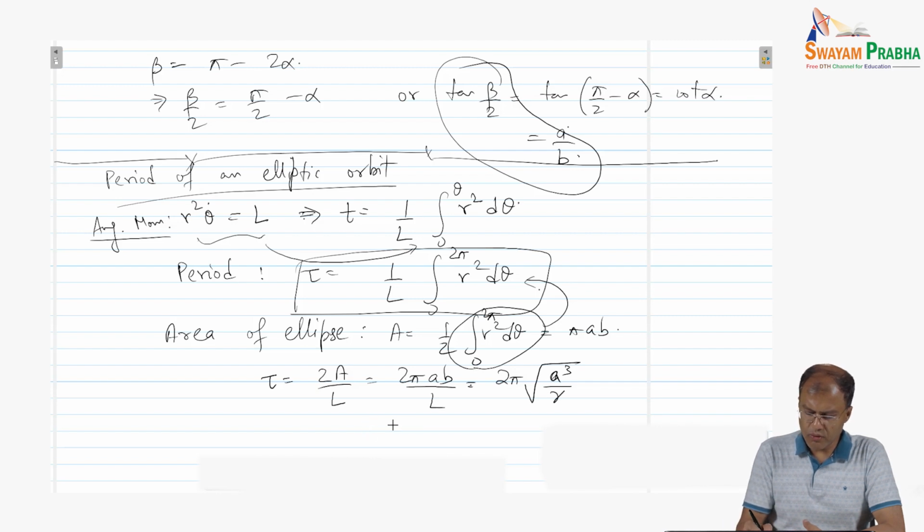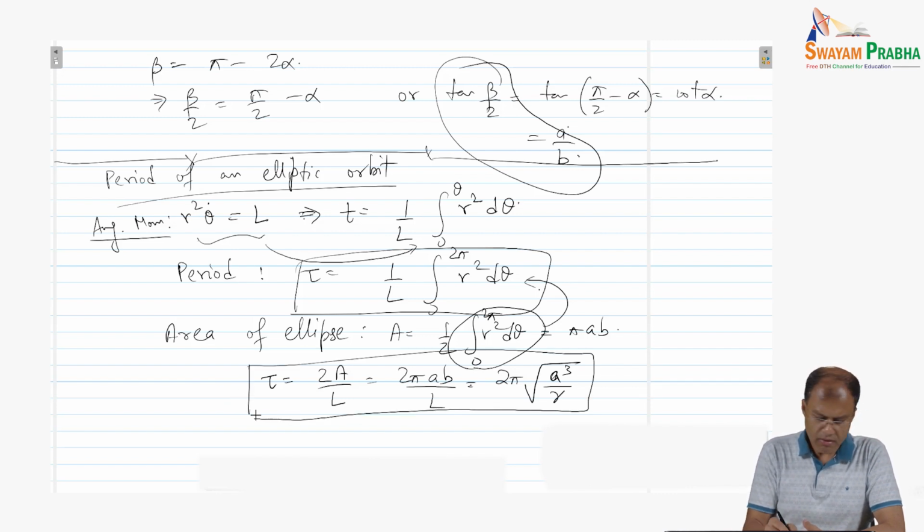Right? So 2 pi square root of a cube by gamma, and that is my period from the L formula.